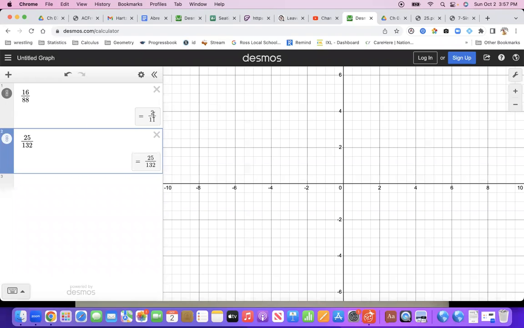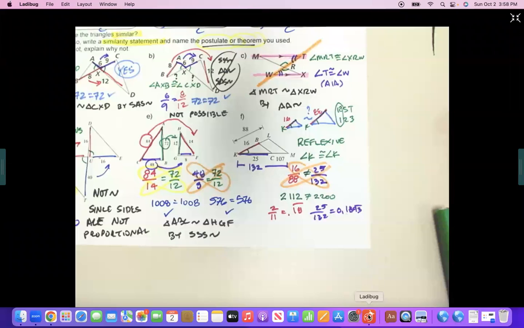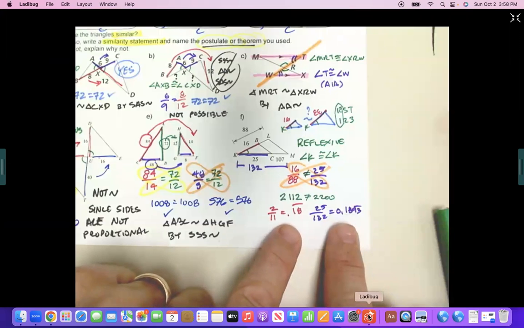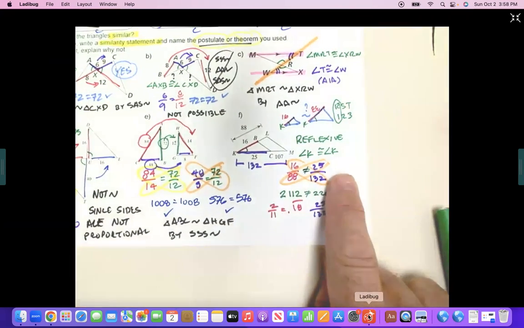When these are simplified, both of these have to be the exact same amount as a fraction. If not, then they are not proportional to each other. So again, since both of these didn't simplify to the same fraction, nor did they give us the same decimal, we also know that they're not proportional.